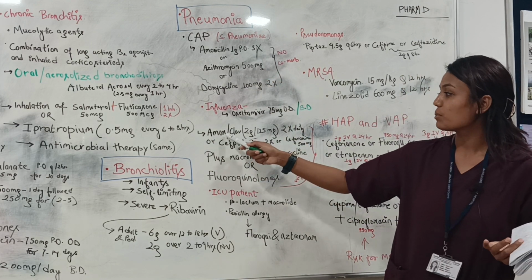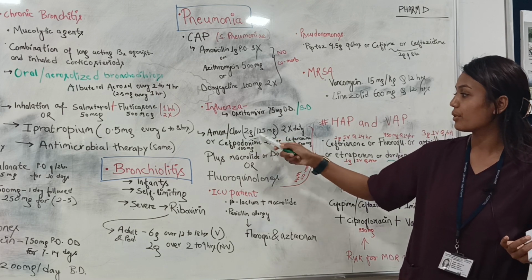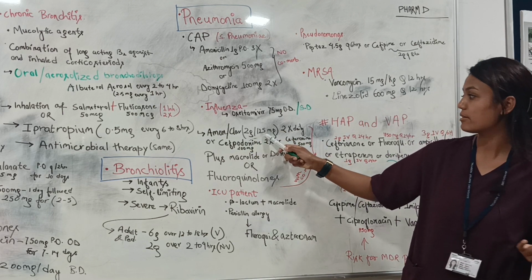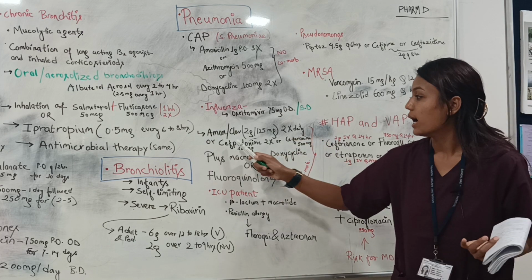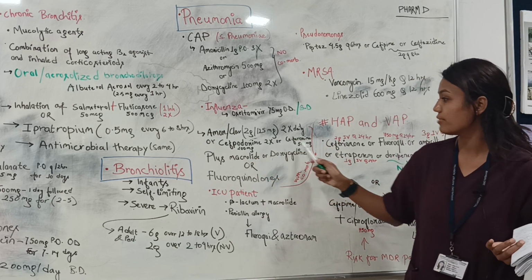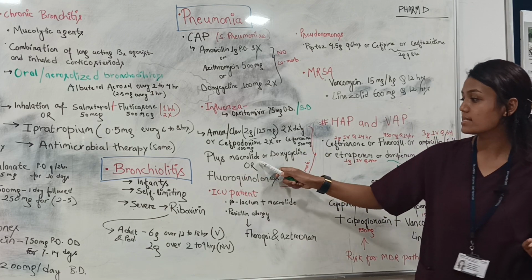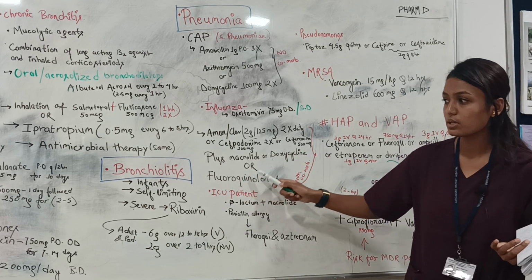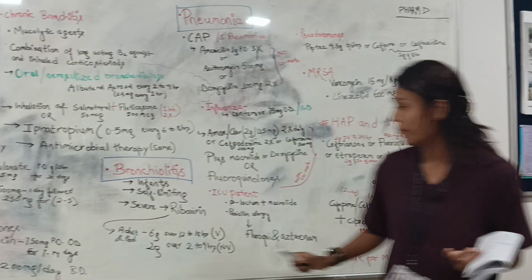That is amoxicillin clavulanate 2 gram per 125 mg twice daily, or cefpodoxime 2 times, or cefuroxime, which is 200 mg and 500 mg, plus macrolides, or we can also use a fluoroquinolone, same dose as this one.